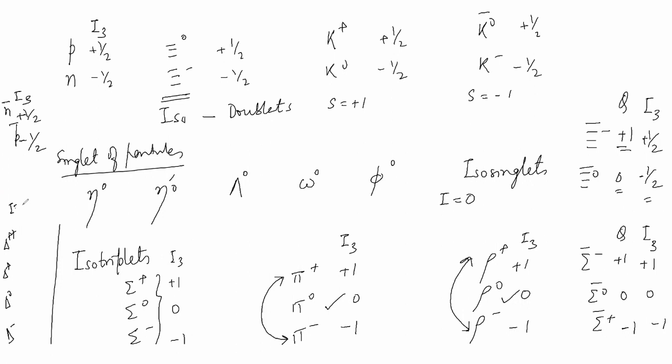This is a quartet with I equal to 3 by 2. Projection will be plus 3 by 2, plus half, minus half and minus 3 by 2. Now, what are these deltas? These deltas are baryons. They are made up of 3 quarks. Therefore, what is the antiparticle of delta plus plus?